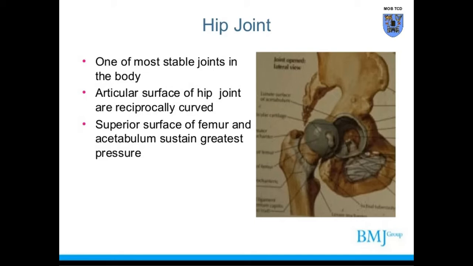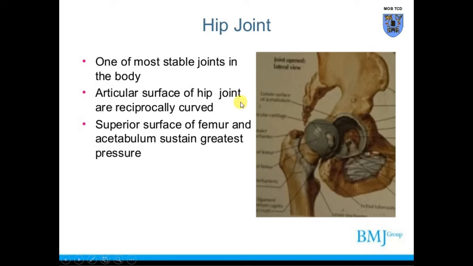So it cannot be left unstable. It is quite a stable joint in the body. Although there is multi-axial freedom of movement, it is a stable joint. How is it stable? We will see that when we look at its articular bones and how they are arranged. But compared to the shoulder joint, which was unstable because of freedom of movement, this joint is one of the stable joints.